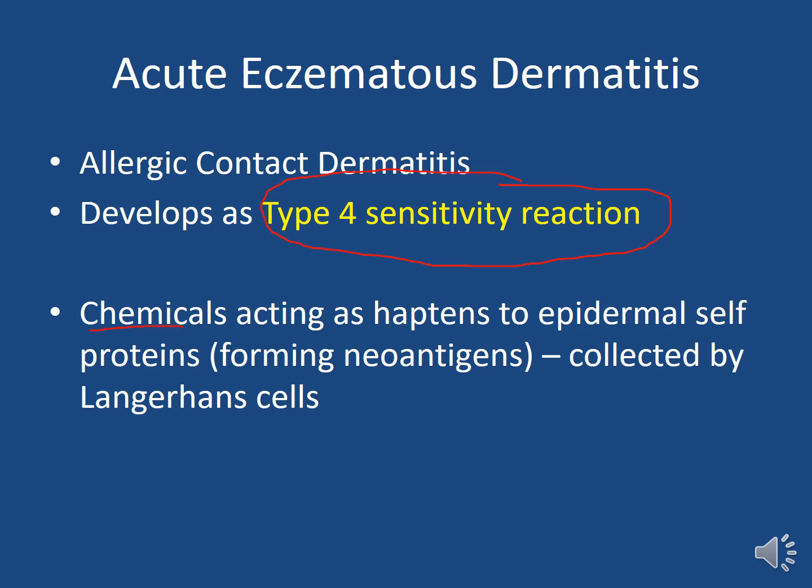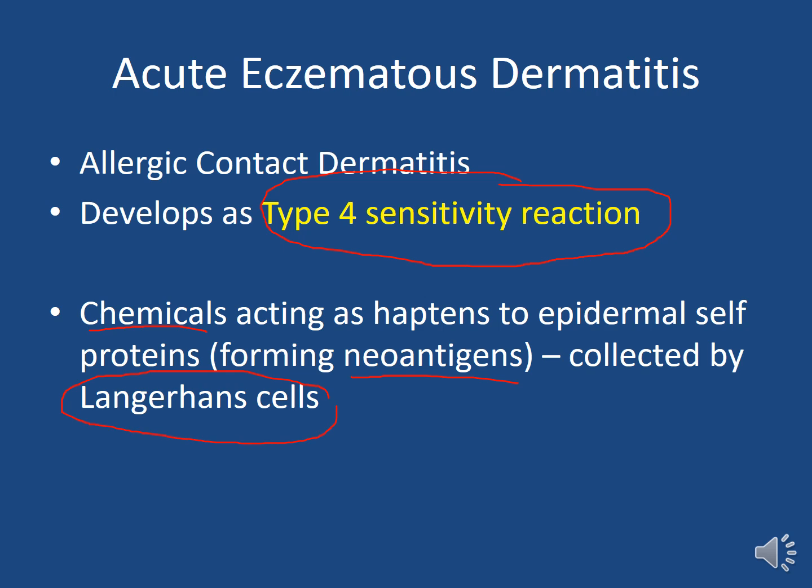And then these chemicals are believed to bind to proteins in the epidermis. Because of that binding, the antigenic properties of the squamous cells become altered, forming neoantigens, which will be collected by the dendritic cells of the epidermis, or the Langerhans cells.